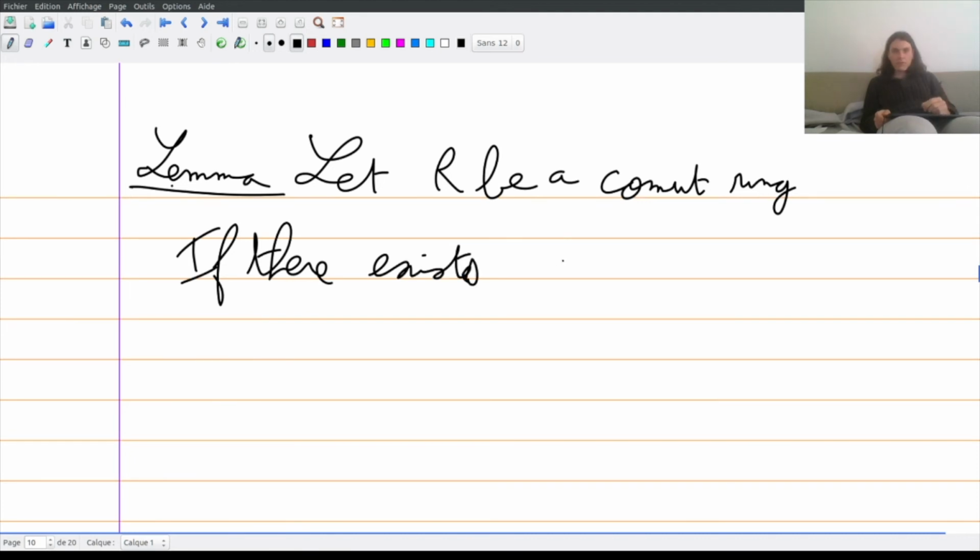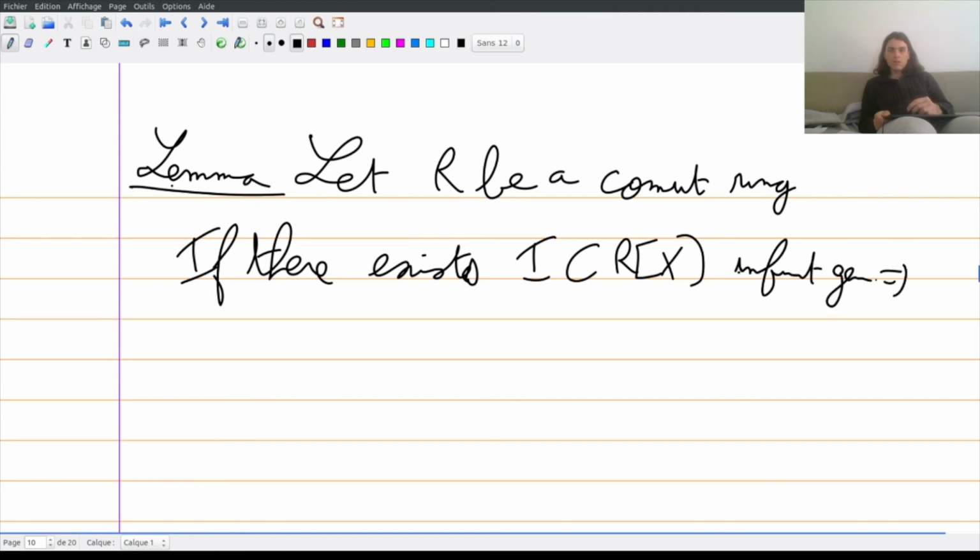If there exists an ideal I in R[X] that is not finitely generated, then there exists an ideal I prime that belongs to I that is not finitely generated.